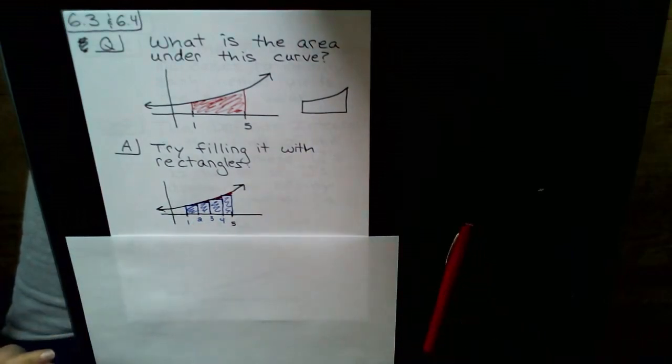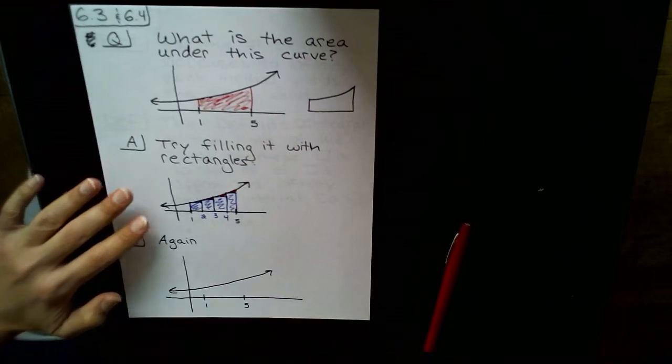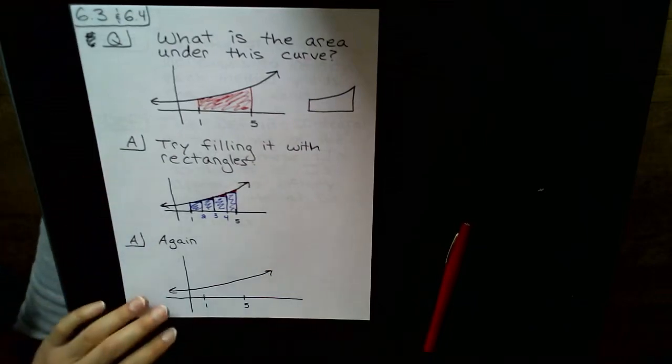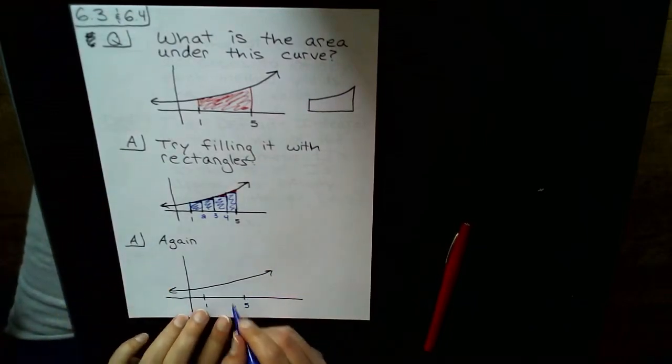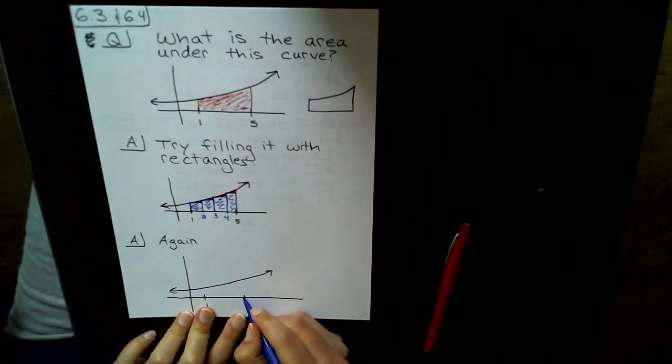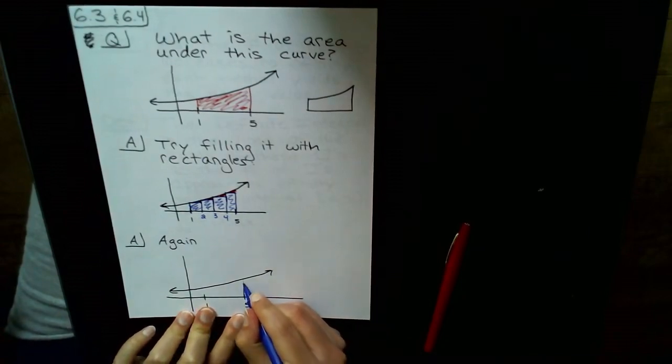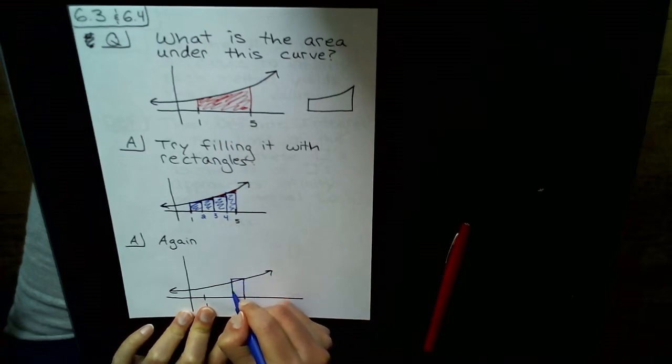So, what if we try that exact same process again, but this time we start from the right side. So from 5, we go up, hit the graph, go horizontal until x equals 4, and then we start repeating again.